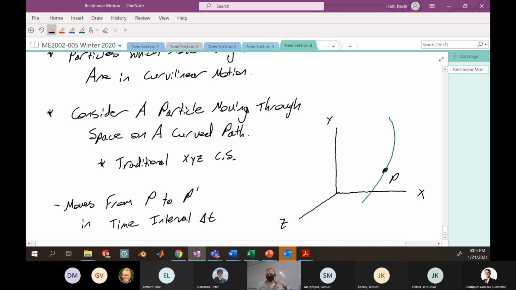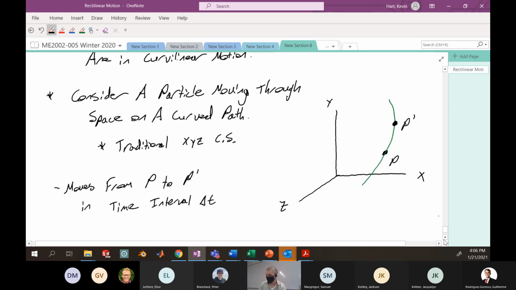All right, so there we are at P. And sometime later, as it's moving along its path, it's going to be at a new position P prime.